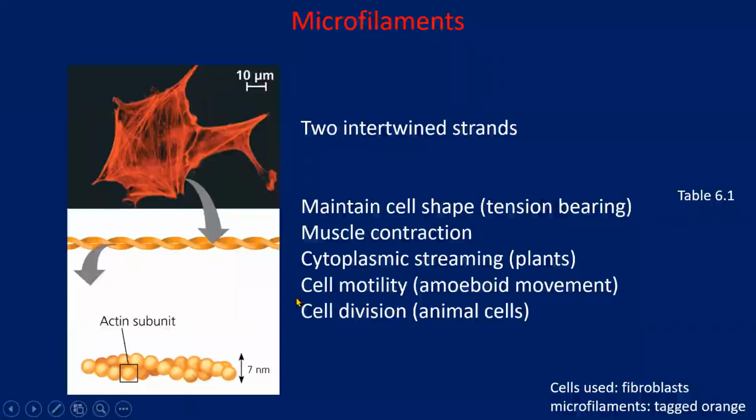Then it can help in cytoplasmic streaming. Streaming is basically transporting things from one point to another. Then you have cell motility. It can have a very long length, and with that length, sometimes it's easier to move the cargo. I'll talk about that in a minute. And microfilament particularly helps in cell division.